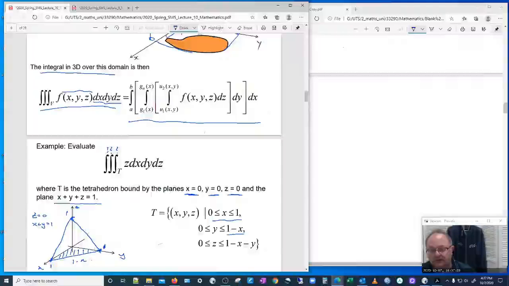That is, y is equal to x minus 1. Sorry, I've done that wrong. I've written x minus 1. It should be 1 minus x. Okay, 1 minus x.